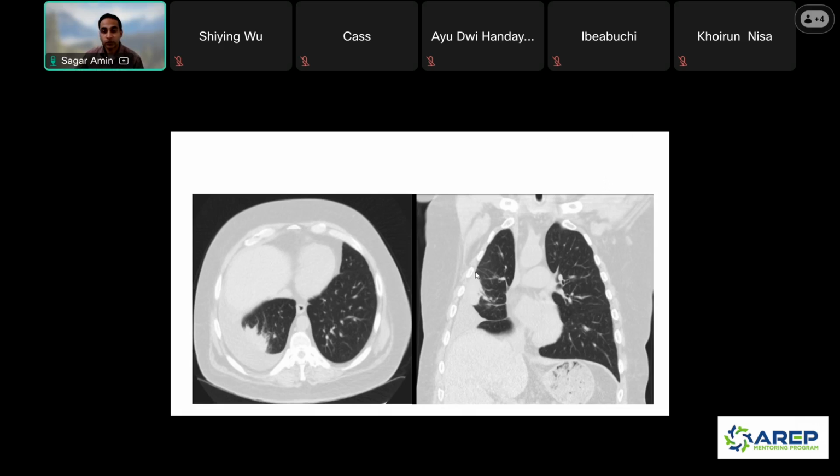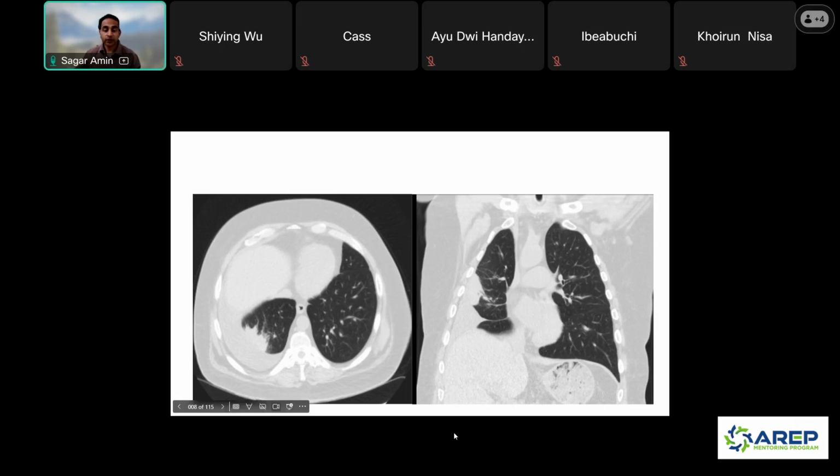The reason I present this case is that for our residents, it trips them up because they think it could be a mass or some sort of pneumonia or infection. But some of the classic features here are a round opacity next to a pleural effusion and pleural thickening, and what we call a comet tail or bronchovascular crowding at the tail end of this opacity.